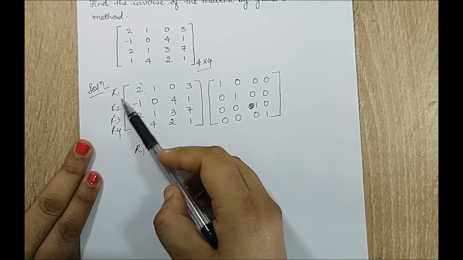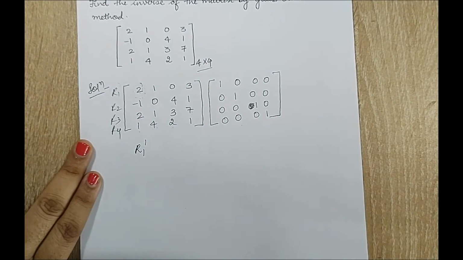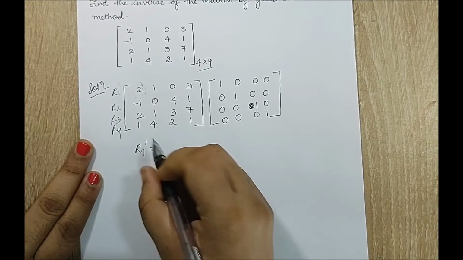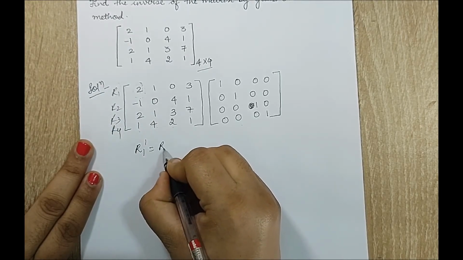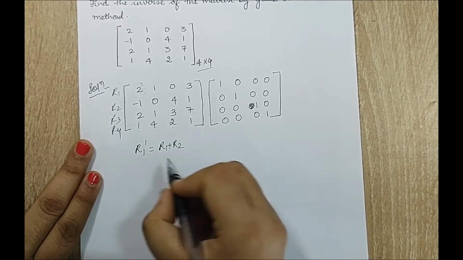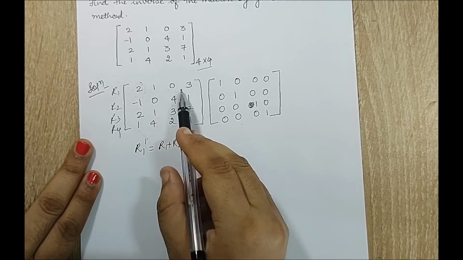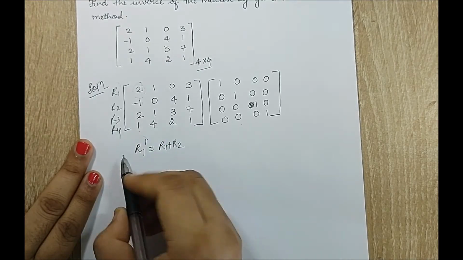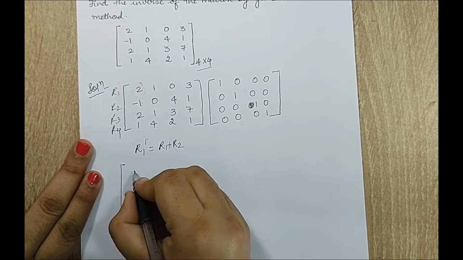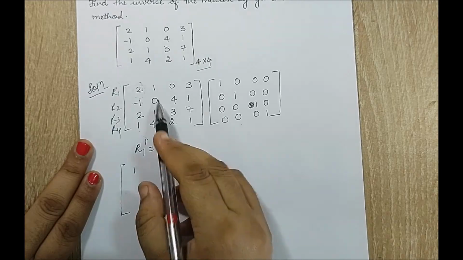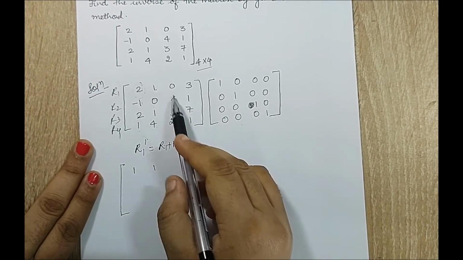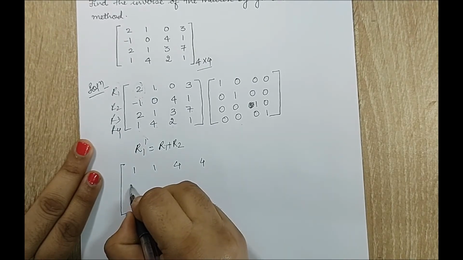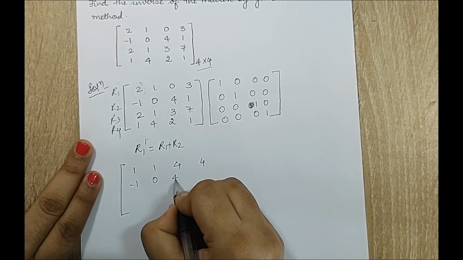I am completely changing this row into some other values. Hence I am writing R1 dash is equal to R1 plus R2, which means this new row will be formed by adding this row plus these values. So I will get the first value as 2 minus 1, 1, 1 plus 0 is 1, 0 plus 4 is 4, 3 plus 1, 4. The rest of the elements I will write as they are.